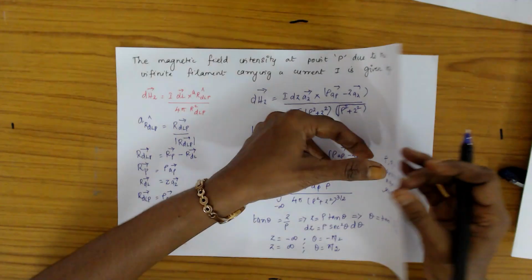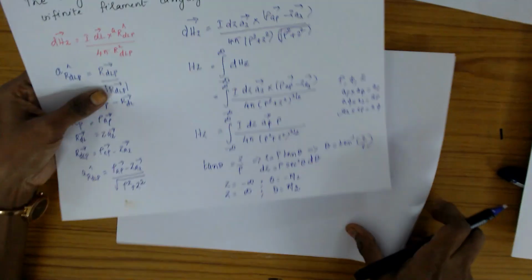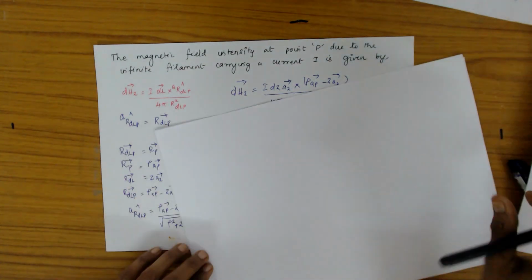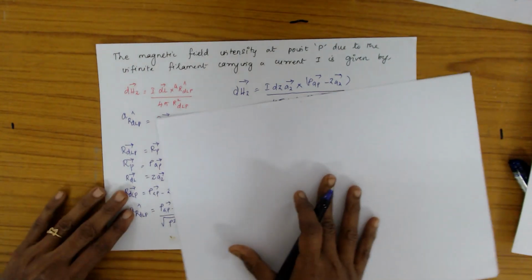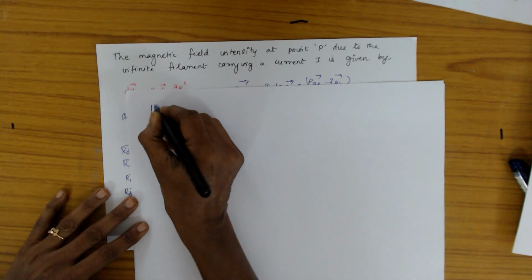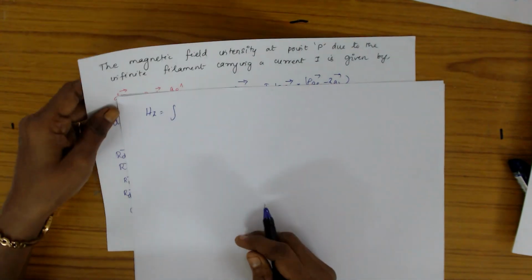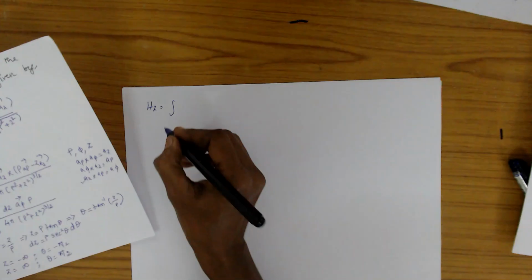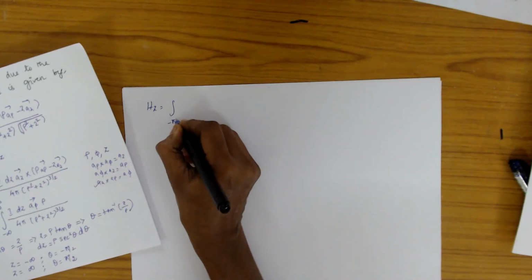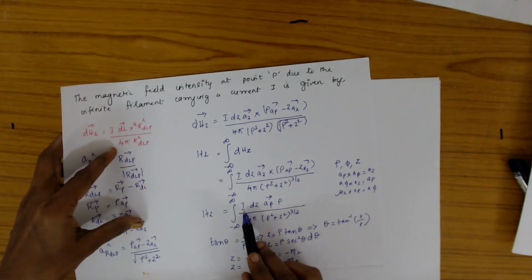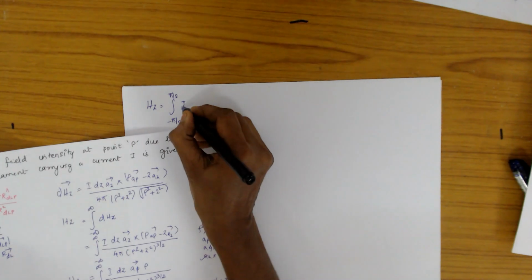Substituting all this, we are going to get an equation where we can write Hz is equal to integral, instead of minus infinity substitute minus pi by 2, and plus infinity substitute plus pi by 2, and we have the other components remain as they are. I, you put I, right?